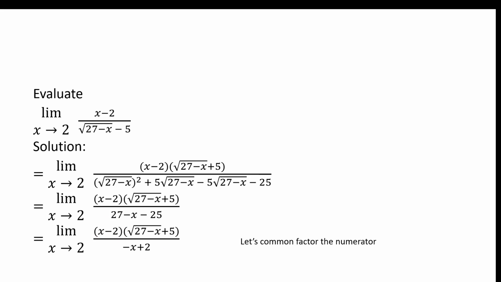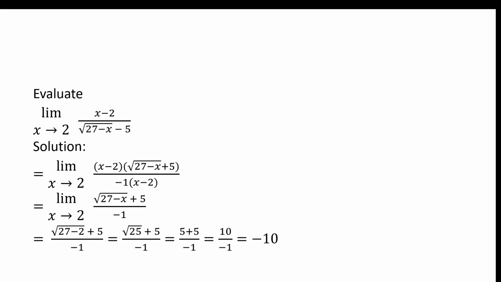We then can common factor the numerator and actually the denominator in this case. So we see factoring out that the denominator was negative x plus 2. We're going to factor out that negative 1. And when we do that, we're going to be able to cancel out these x minus 2's.